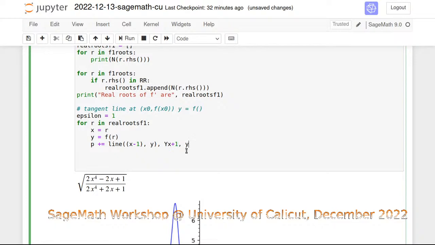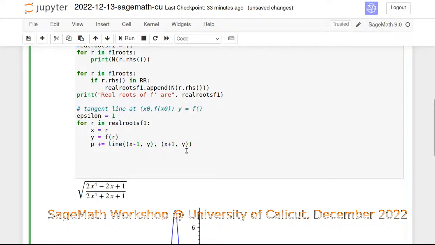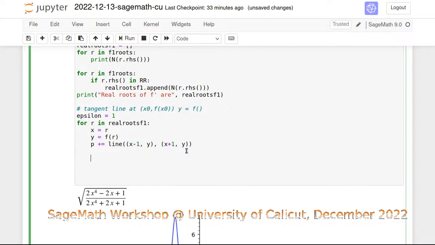So that is the first plot. Okay, that's the first line. Now assume that the 2 tangent lines are already drawn, so let us just show the plot.